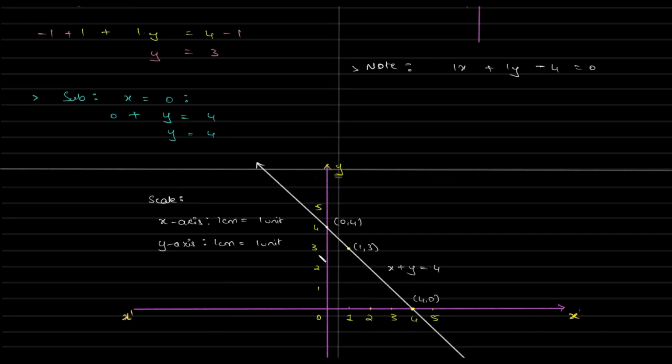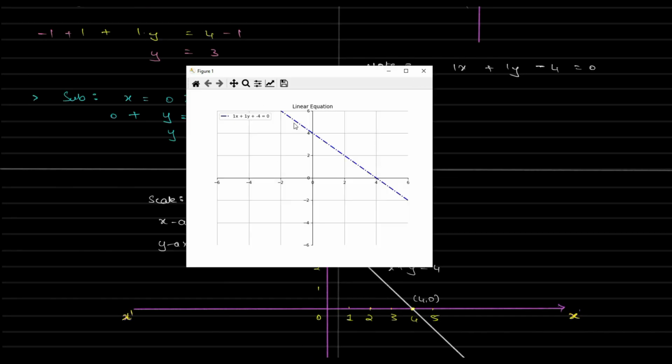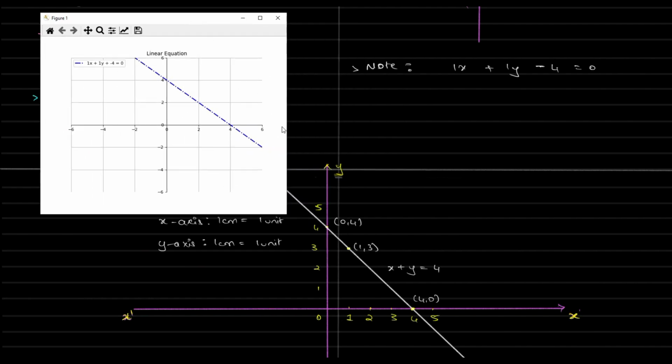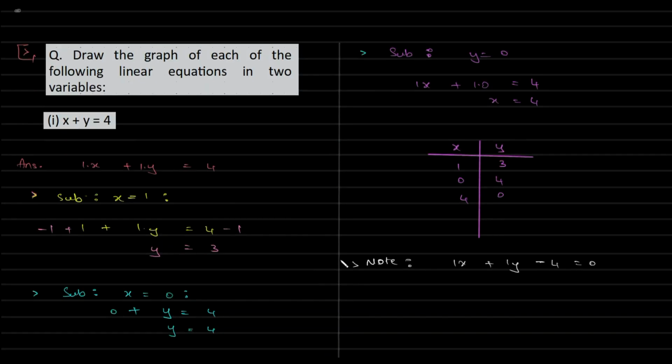And we can see this is going down, passing through 4, 0 and 0, 4. Okay, yes, it's the same thing. And the relationship is negative. If x is increasing, y is decreasing. So the relationship is negative. So this is your answer.